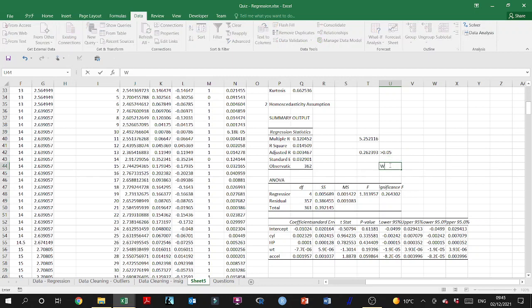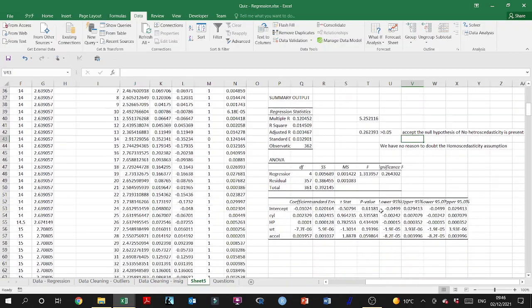So now we have no reason to doubt the homoskedasticity, no evidence that heteroskedasticity is present, because we were accepting the null hypothesis of no heteroskedasticity.